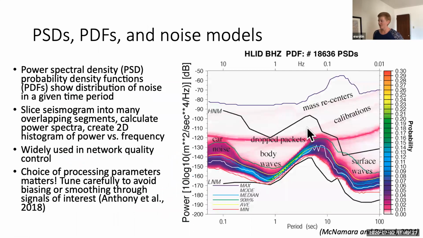Yes. So in order to compute a PSD PDF, you take your raw signal, you need to have correct metadata for that station, and then that is applied. You'll notice that the units of power over here, although they look a little crazy because they're expressed in units of decibels, this is an acceleration power spectrum.